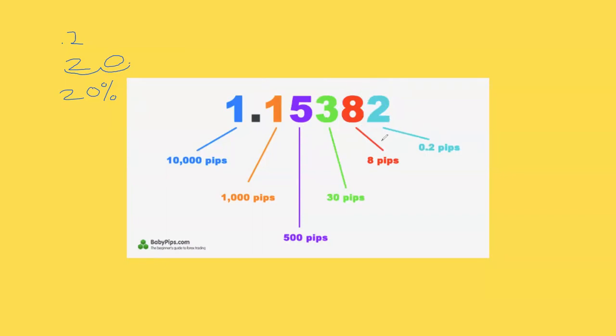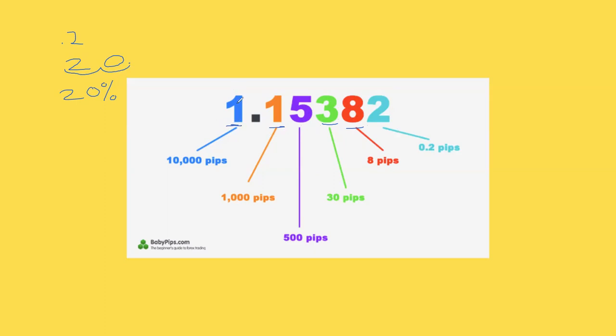Now, once we start getting into this number, this represents 8 pips. So if the number goes from 1538 to 1539, that's 9 pips. Now this represents 30 pips, right? This is the tenths place. This is the hundredths place. This is the thousandths place, and this is the ten-thousandths place.